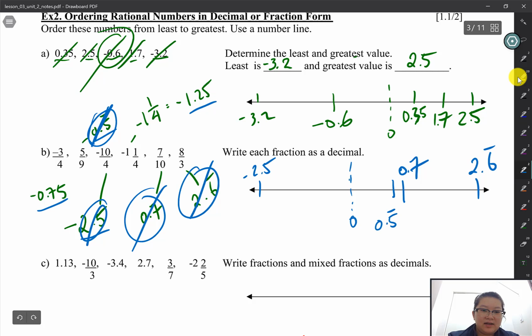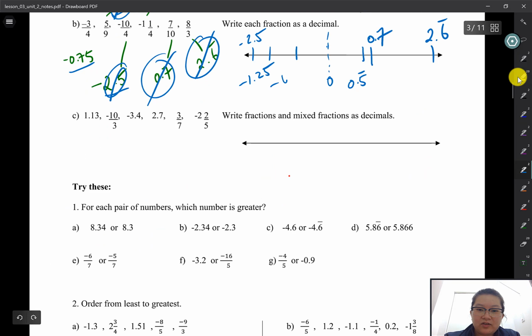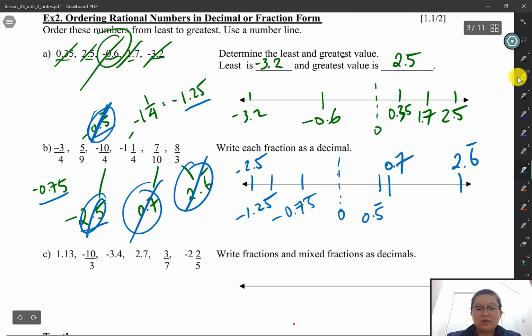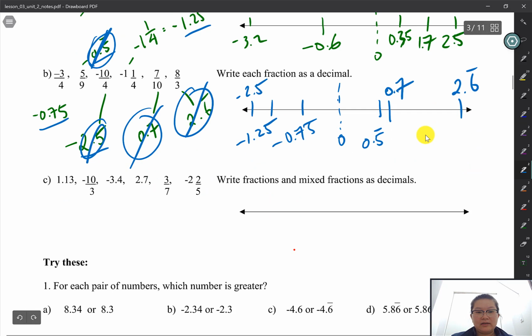I have negative 1.5 and negative 0.75. Negative 1.5 is going to be even more negative, so I should put that over here. And then negative 0.75 is going to be closer to the 0 than negative 1.5. Okay, so here is that one.